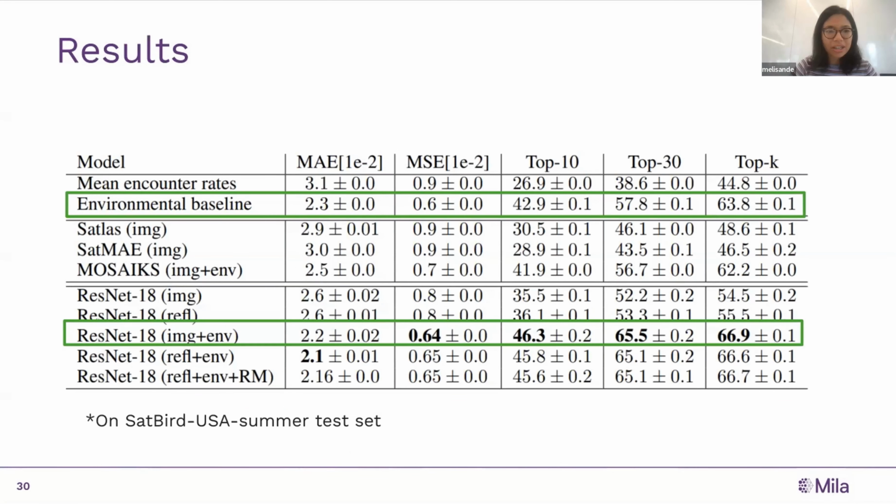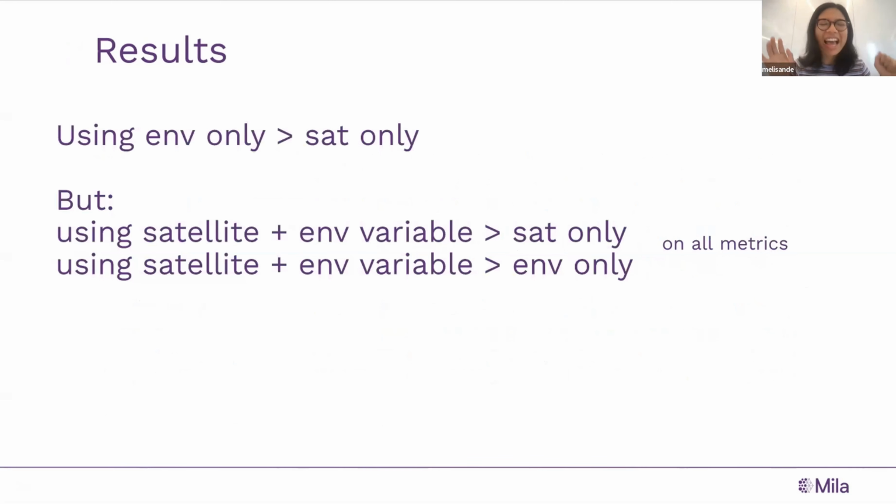So yeah, we can look quickly at the results. I'm finding this is not the best way to parse information, but basically what we found is that if you use environmental data only, like the model that is just gradient boosted trees on the environmental data, it performs better than, for example, the ResNet trained just on the satellite imagery.